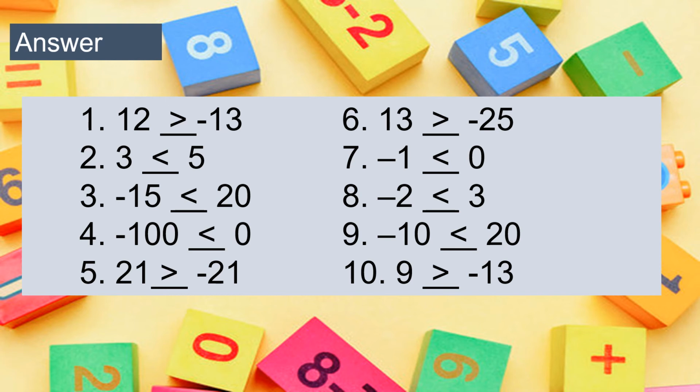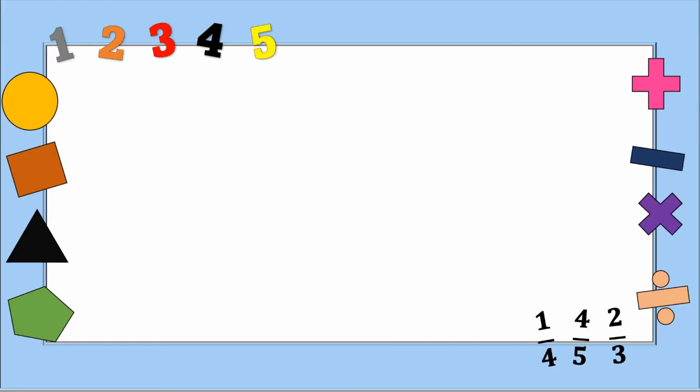Number 6, 13 is greater than negative 25. Number 7, negative 1 is less than 0. Number 8, negative 2 is less than 3. Number 9, negative 10 is less than 20. And number 10, 9 is greater than negative 13.